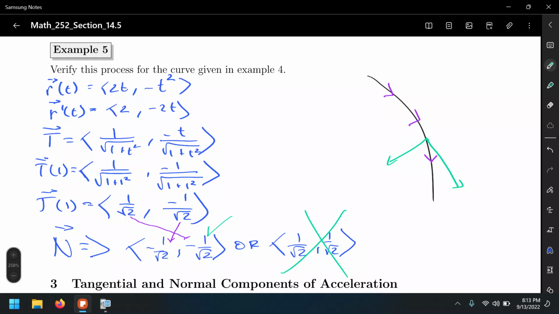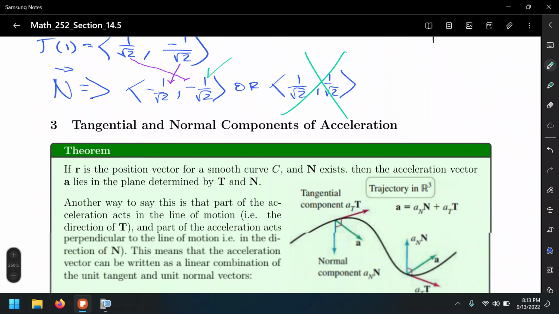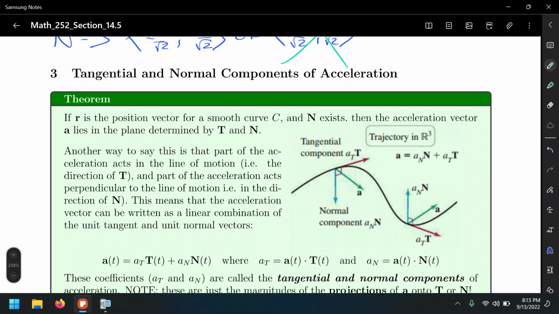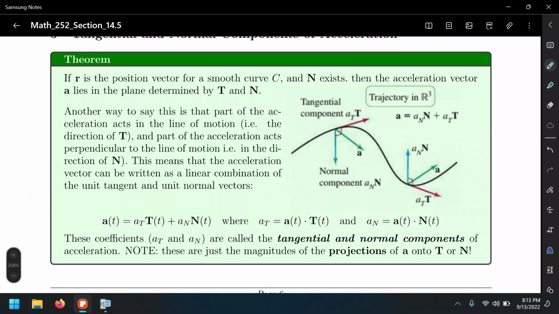And for the last topic for this section, what do we have? The tangential and the normal components of acceleration. And I'll see that in a minute. So what's the theorem? What's the definition? r is a position vector for a smooth curve, and N exists. The fact that N exists is because T exists, of course.